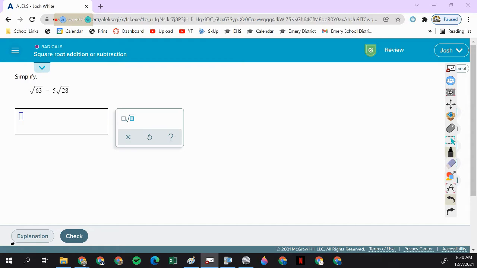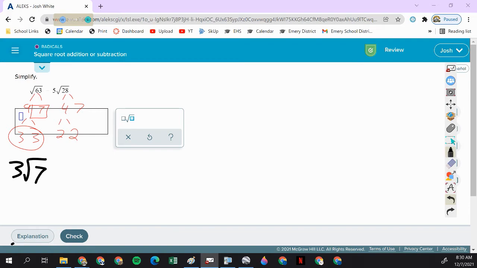The square root of 63 does not match the square root of 28. So I'm going to factor both of those. 9 and 7, 3 and 3, 4 and 7, 2 and 2. So on the first one, I bring out a 3, and I leave a 7 on the inside. So 3 root 7.